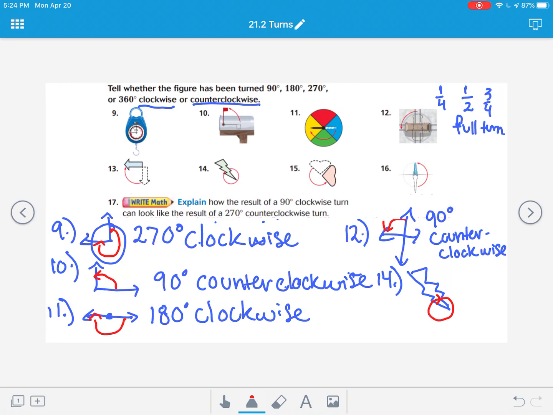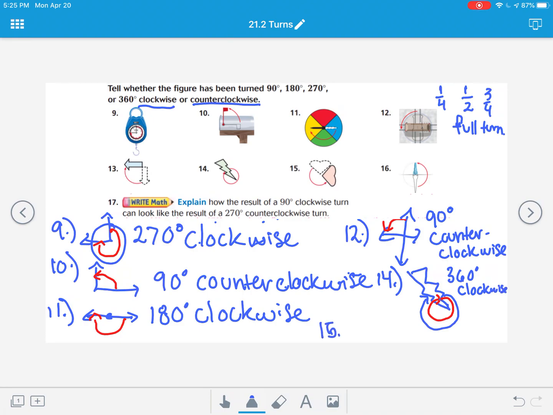I can clearly see that is a full circle that has been made by that turn. So that means it is a full turn, which is 360 degrees. And if I follow this arrow around, starting where it started, I can tell we're moving in the direction a clock would move. So that means that it is clockwise.